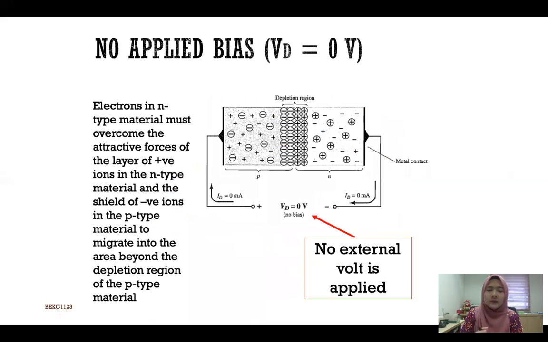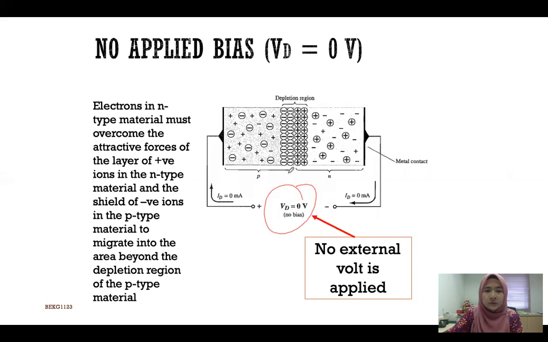So no applied bias, VD equals 0, actually means that no external voltage is applied. We don't put in an external voltage. This is the positive, this is the negative part of the diode.